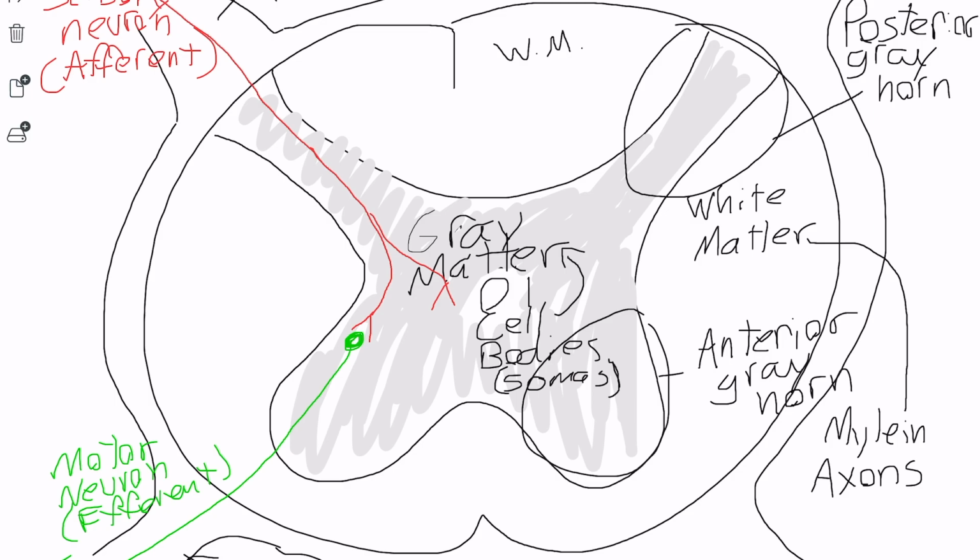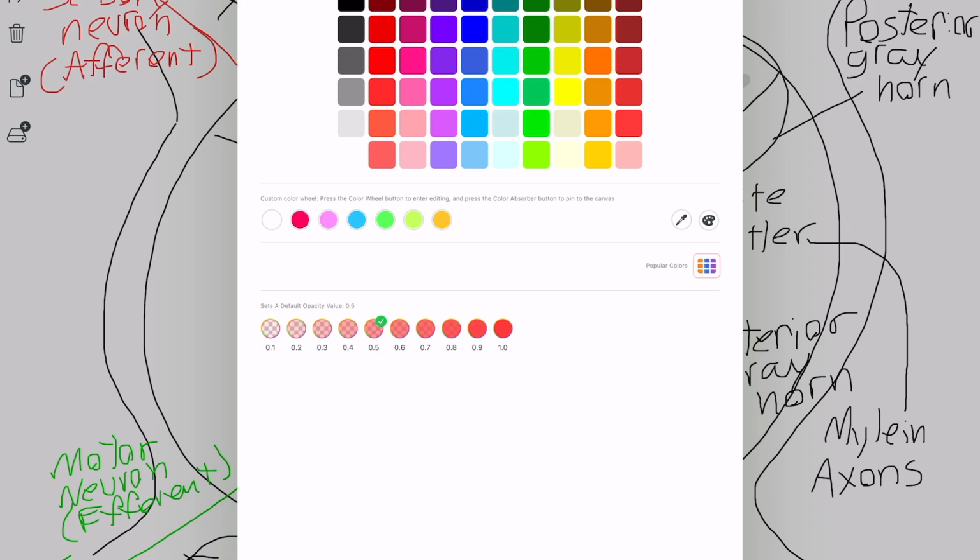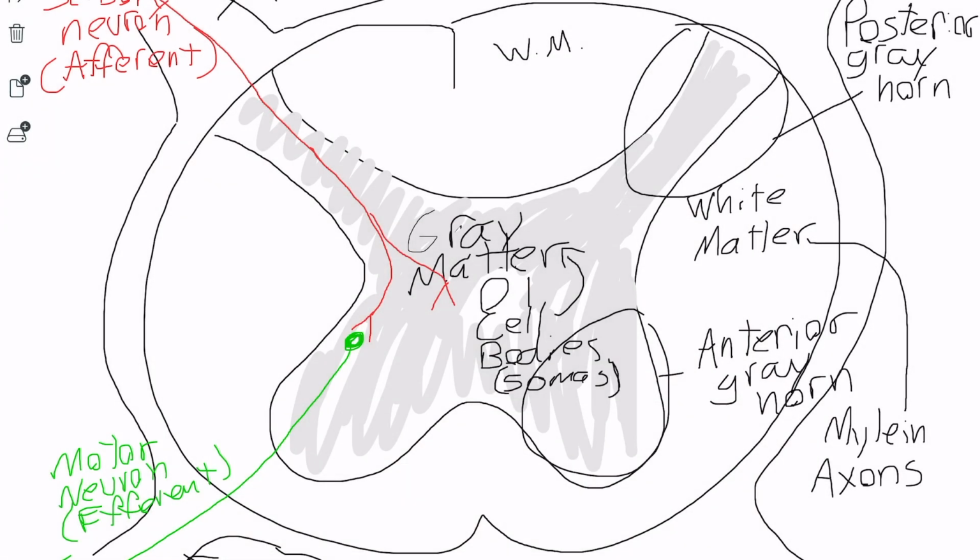So we have something really cool that happens inside the spinal cord. Get another color here. We have the existence of things that are called, and I'm going to label it all the way up here, interneurons.